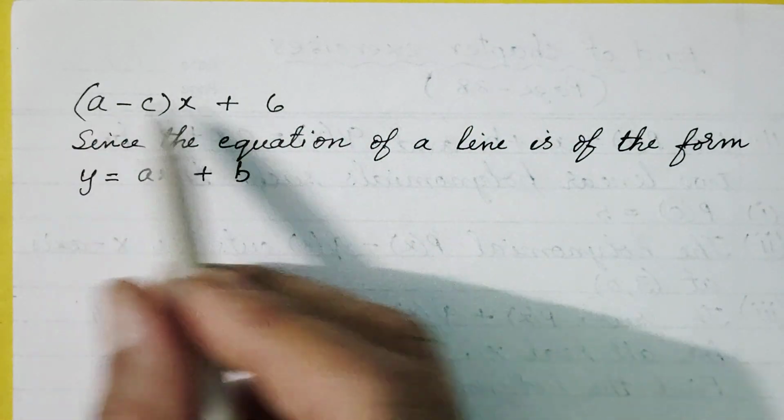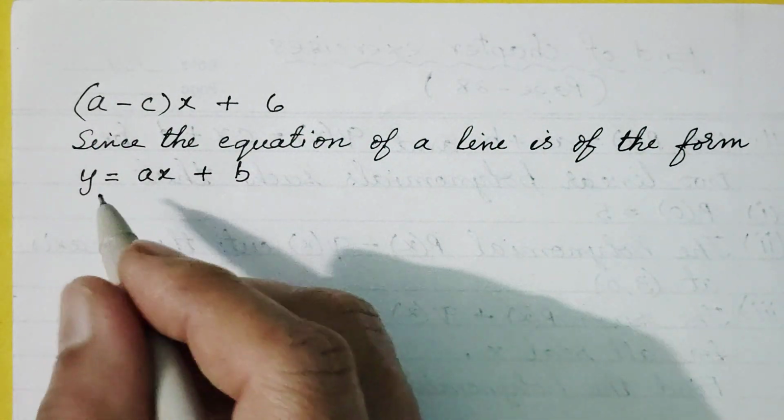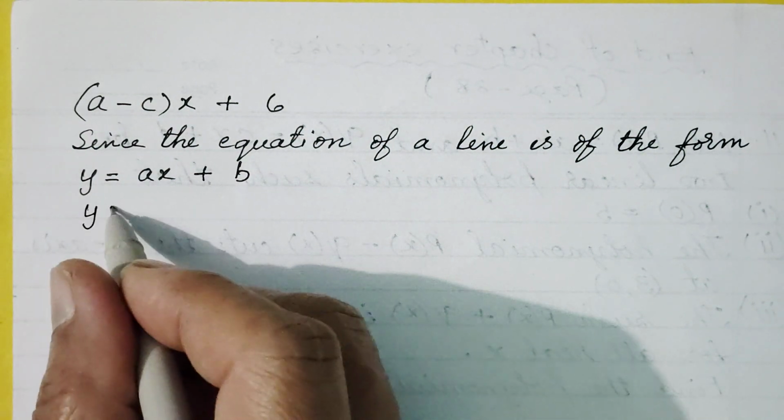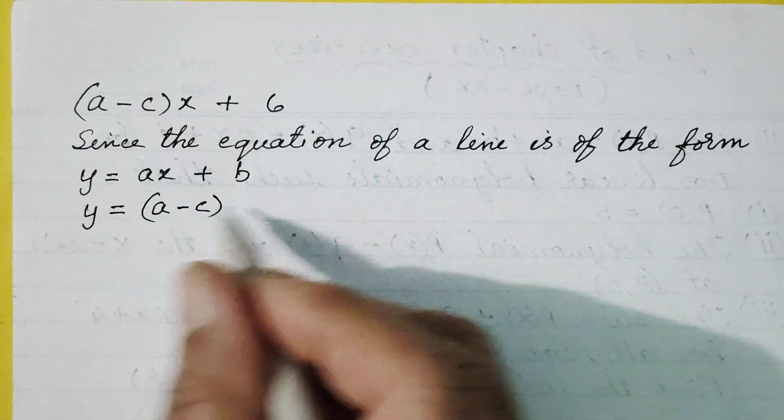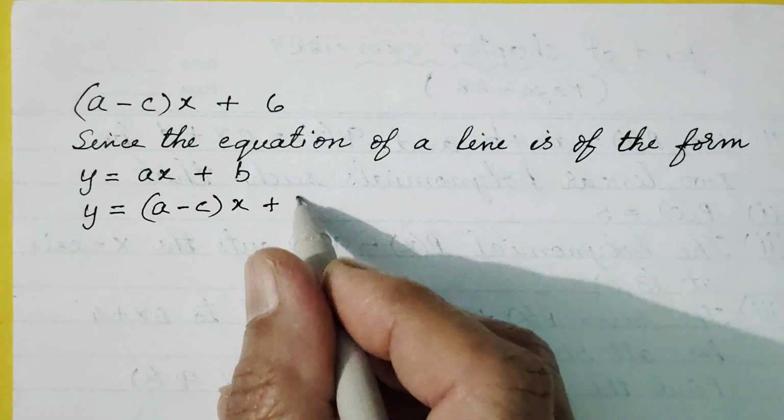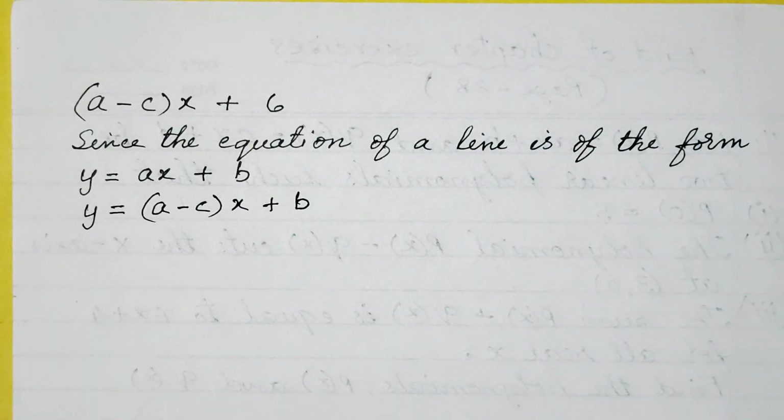So I can write this as y is equal to a minus c into x plus b. This is the equation of the line.